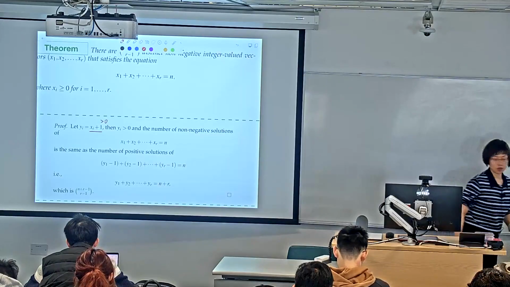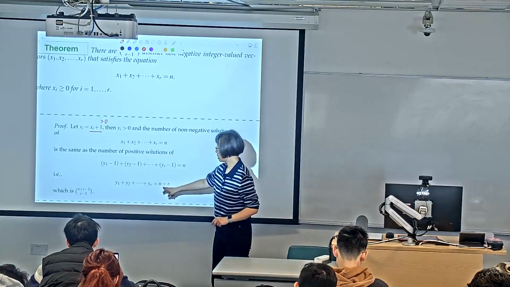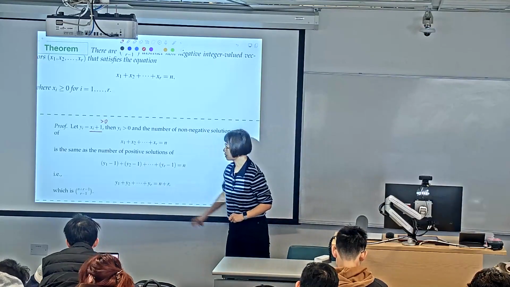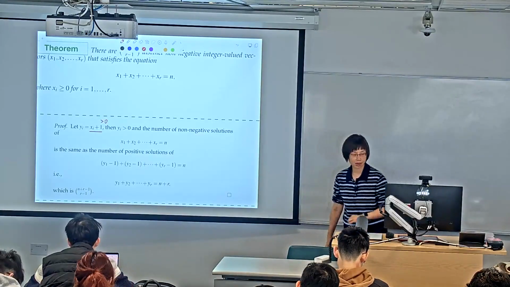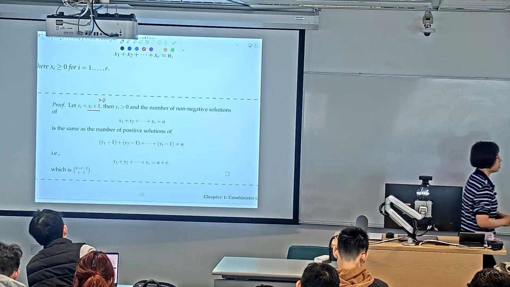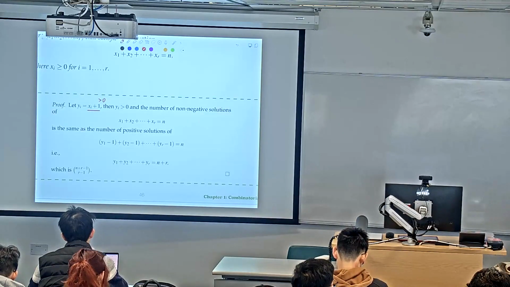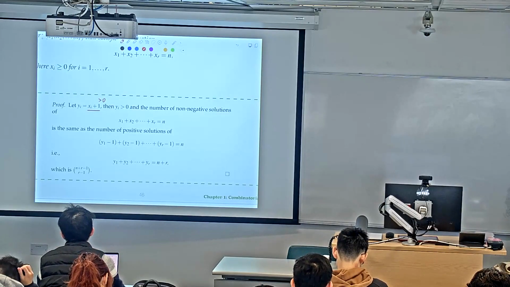So you can write it as y1 plus y2 plus ... plus yr equals n plus r, where the yi's are positive integers. Applying the previous result, the sum is now n plus r, so the number of solutions is n plus r minus 1 choose the number of variables minus 1, which is r minus 1.